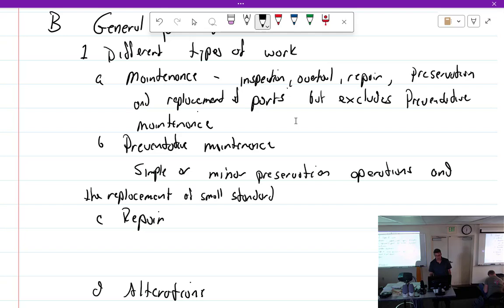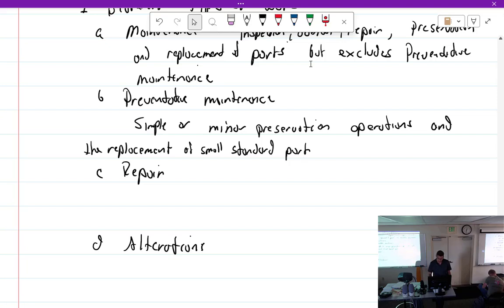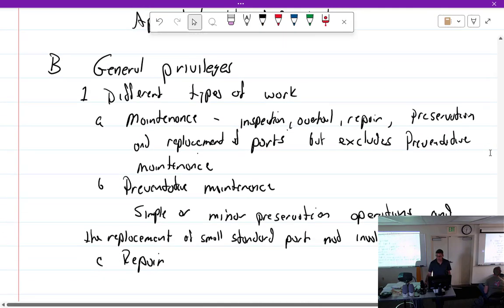What's a small standard part? Bolts, screws. Yeah. Not involving complex assembly operations. So I ran out of room right there, so I squished up my operations.